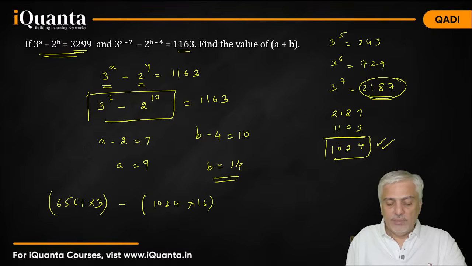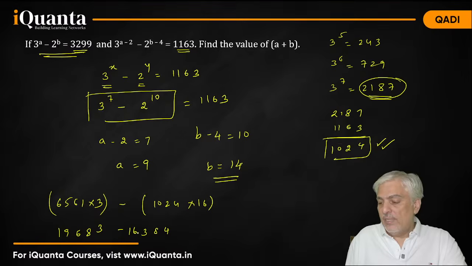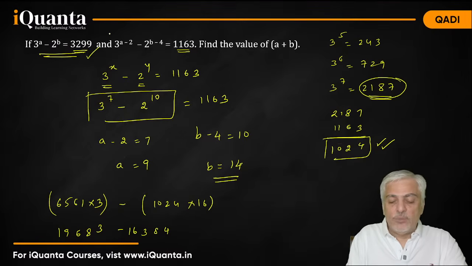Okay. So 19683 minus 16384, the difference comes out to be 3299.